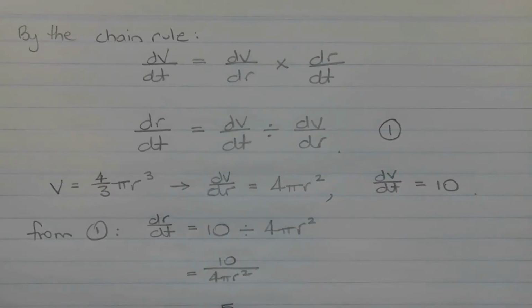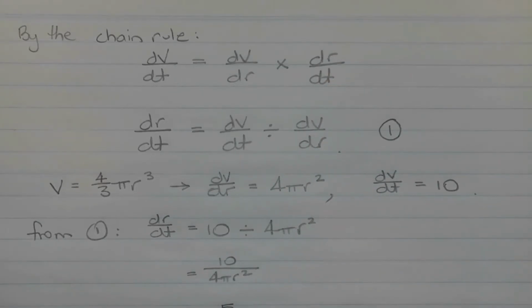Using the chain rule, we can come up with an equation that links together the relevant related rates of change. So dV dt, the rate of change of volume with respect to time, is equal to dV dr, the rate of change of volume with respect to the radius, multiplied by dr dt, the rate of change of radius with respect to time.